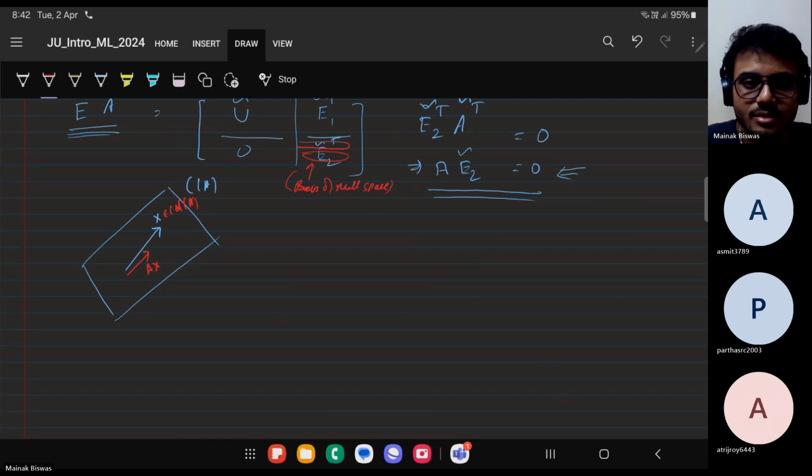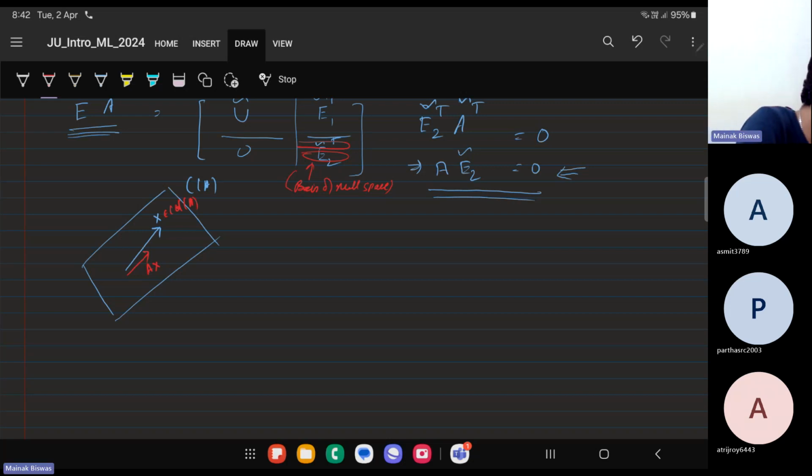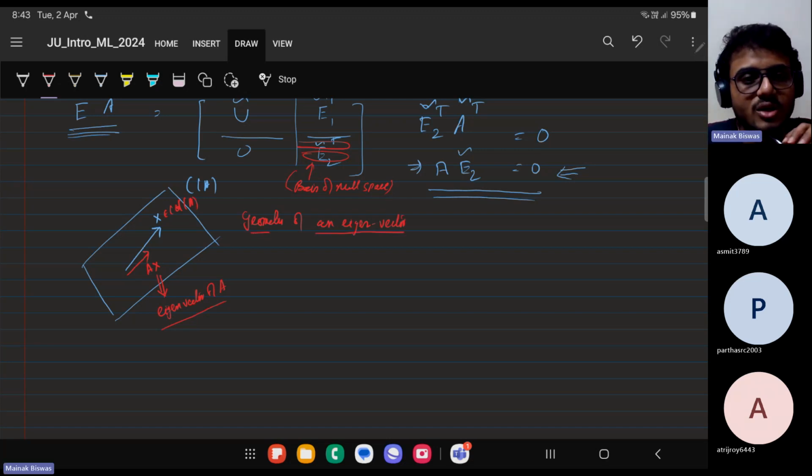This is what I'm saying. And why am I trying to characterize this special type of vector? We'll see with an example. How is it useful? Is the motivation clear? Geometry of an eigenvector. This is called an eigenvector of A. This X is called an eigenvector of A. Is the geometry of an eigenvector clear? Because once you get this clear, everything is just calculations.